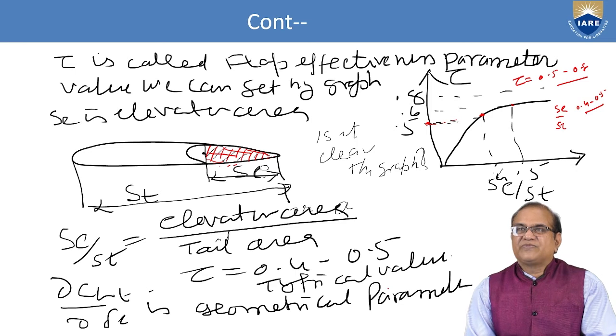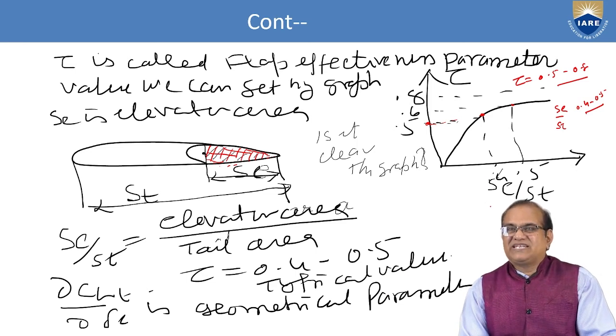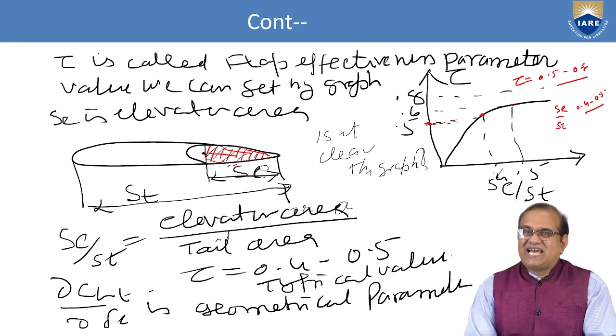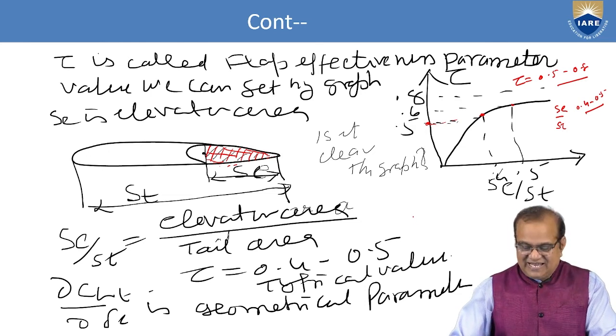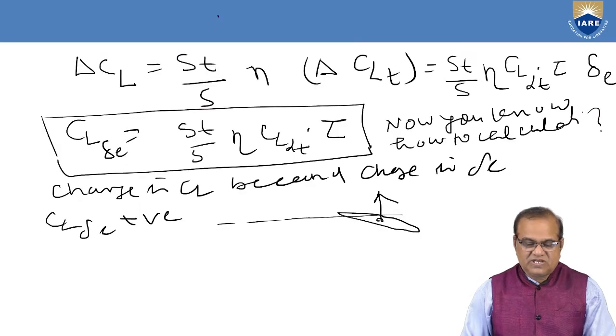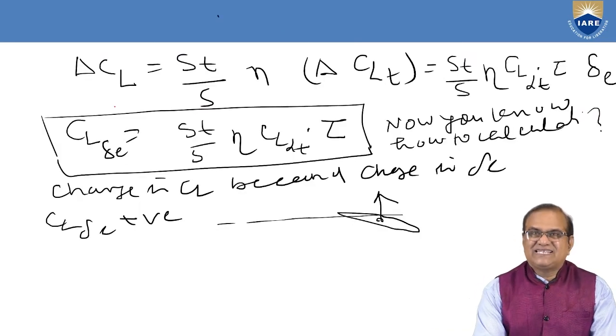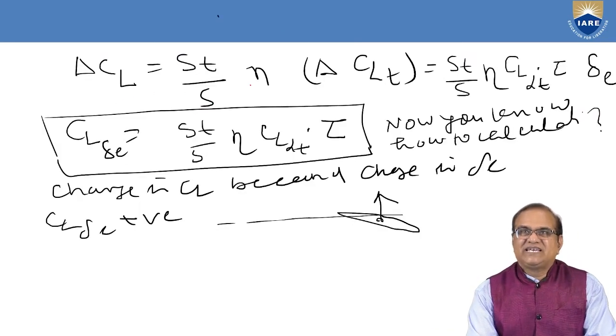So dCLT by d alpha T is a geometrical parameter. All the parameters here are geometrical. The size of the elevator matters, and in this, only the control power, dCL by d delta E, matters. So now delta CL is equal to ST by S neta delta CLT.